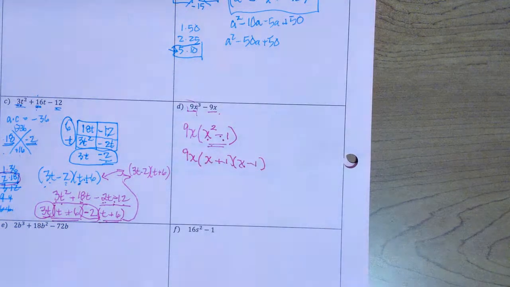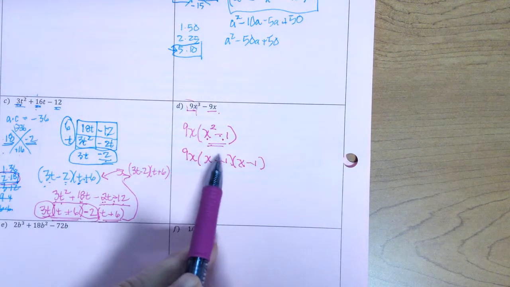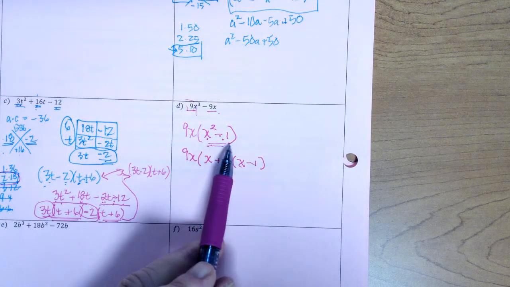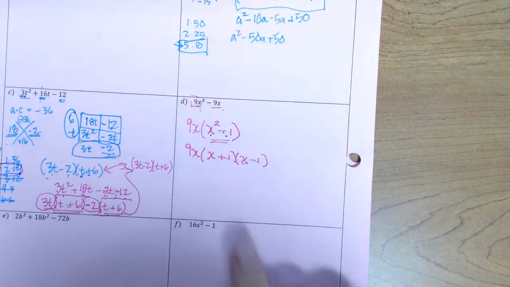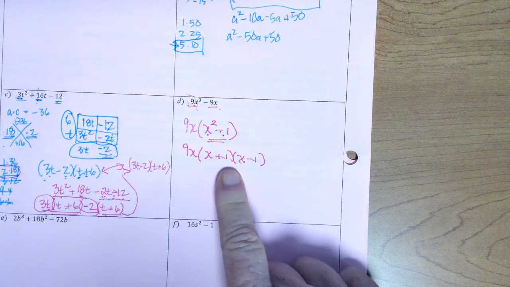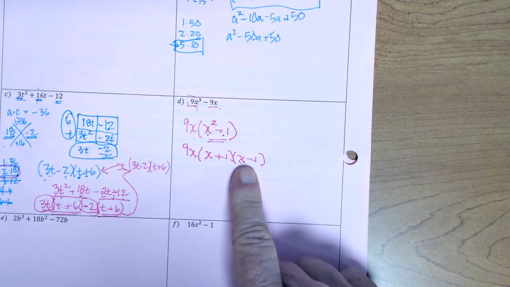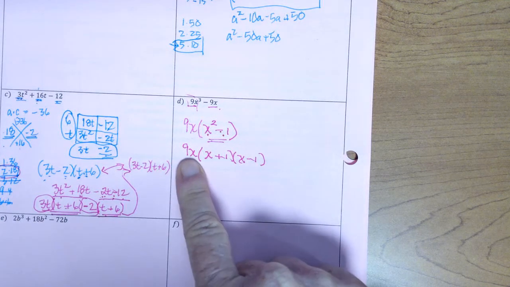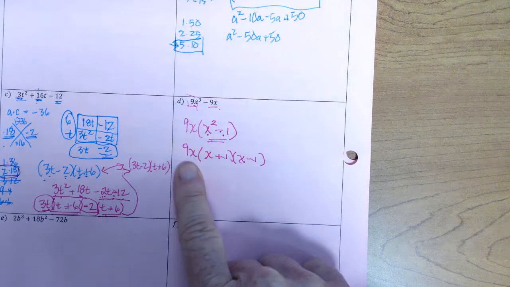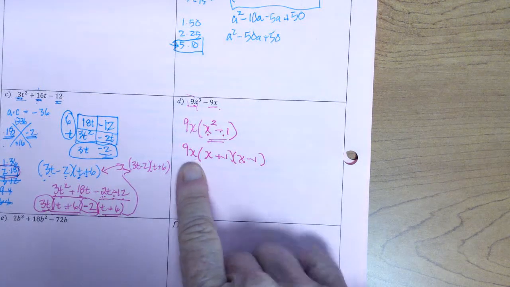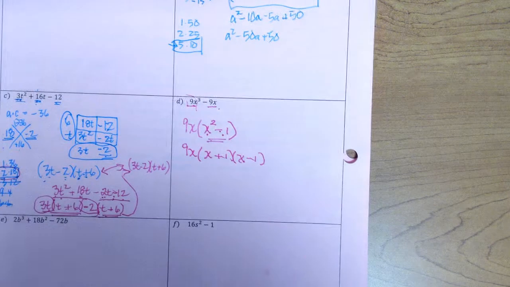And I'm good to go. So again, noticing the pattern of a perfect square right here, difference of 2 squares allows me to quickly factor to x plus 1, x minus 1, and I did indeed pull out my GCF of 9x, and you need to remember that GCF stays in front of your factors.